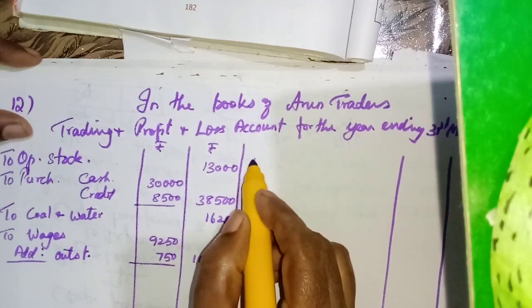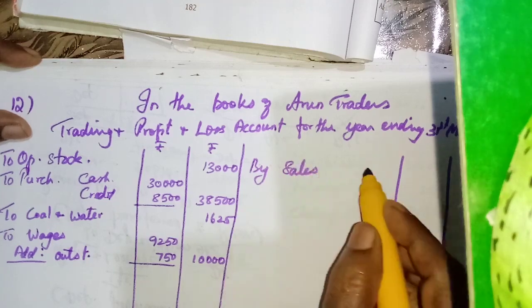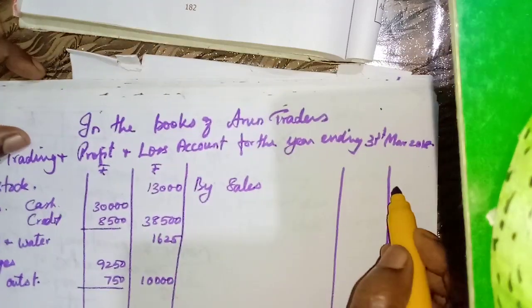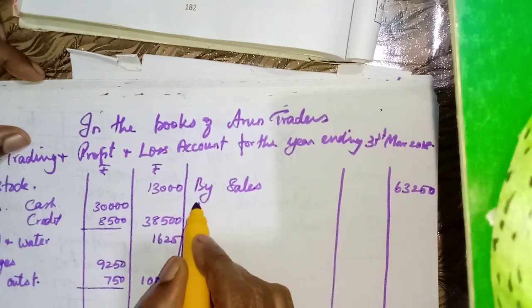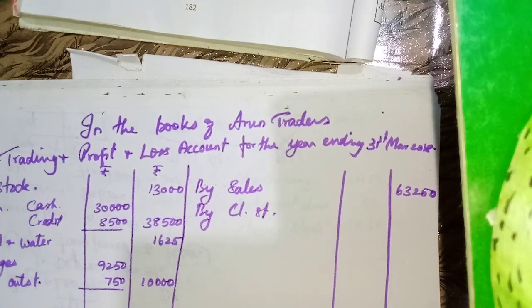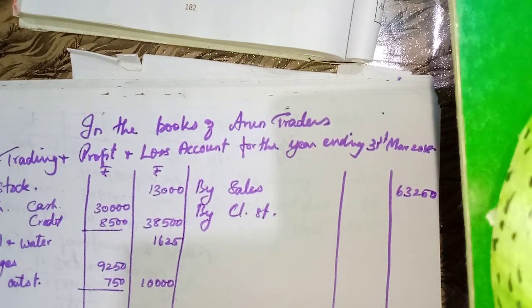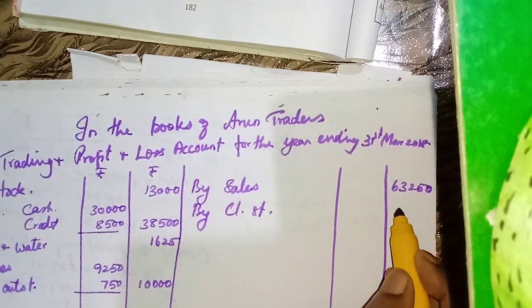Then by sales, only one amount, 63,250. By closing stock. Closing stock is the last adjustment item. An adjustment item will appear in two places. 15,000.